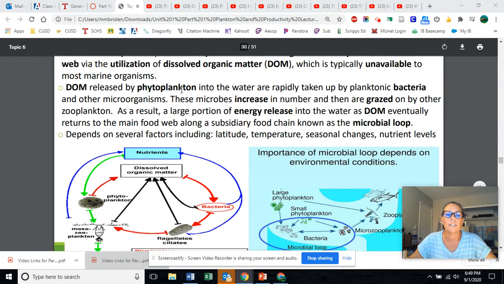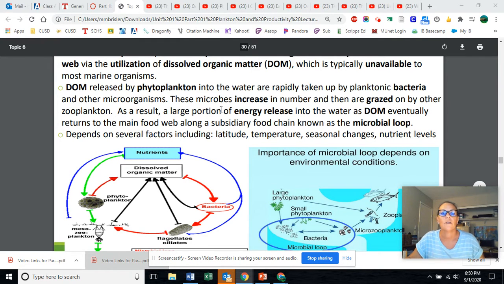So DOM released by phytoplankton into the water is rapidly taken up by plankton bacteria and other microorganisms. That could be phytoplankton waste, that could be cell breakdown, and as it sinks to the bottom, we call that marine snow. So these microbes increase in number and then are grazed on by other zooplankton.